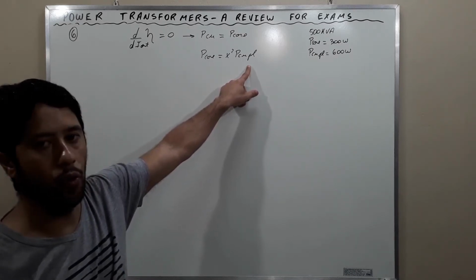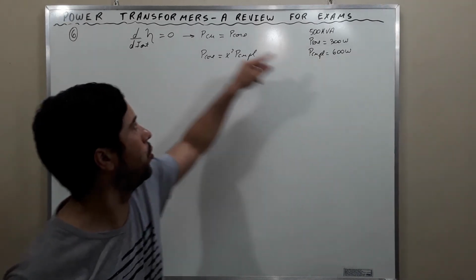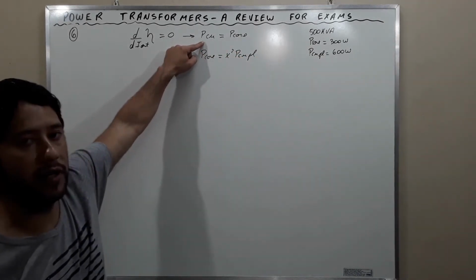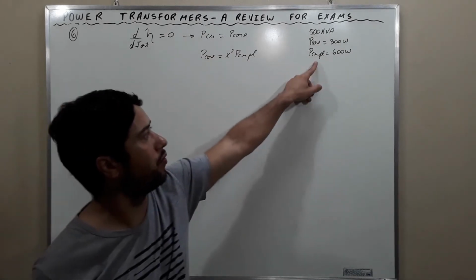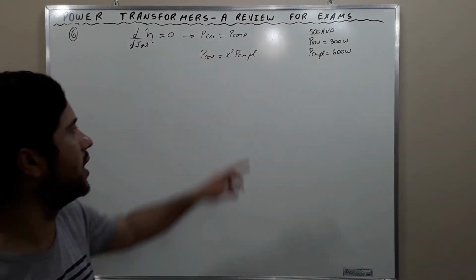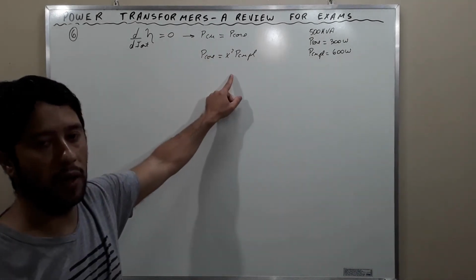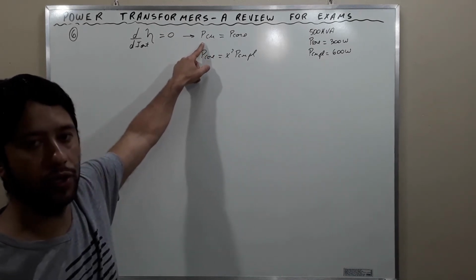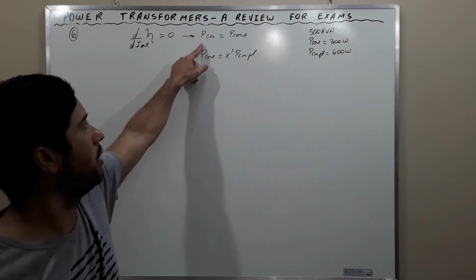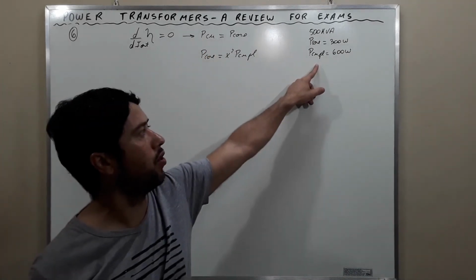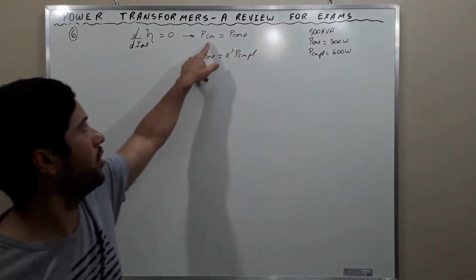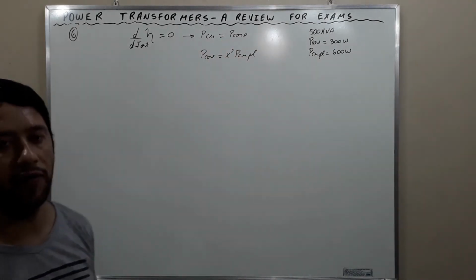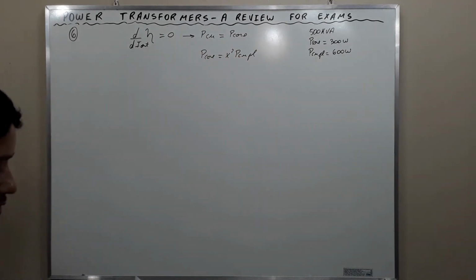But we do not want this full load. We want to find the portion of the copper losses at full load that enables maximum efficiency, and this portion has to be equal to the core losses. Only when the portion of the copper losses at full load is equal to the core losses, we have maximized the efficiency. Okay? Have you guys fully comprehended what I said?